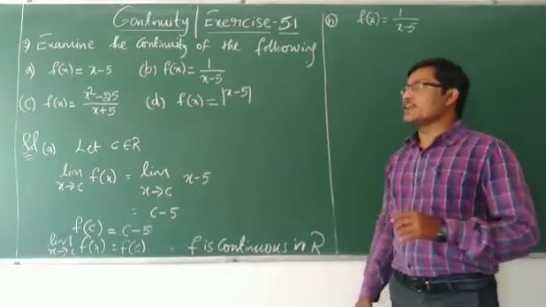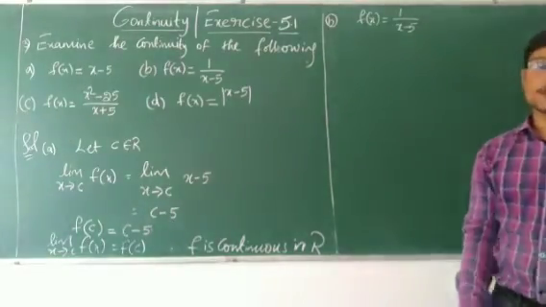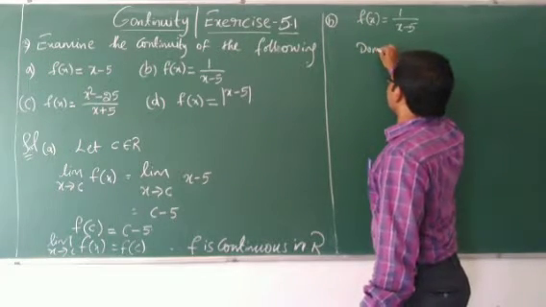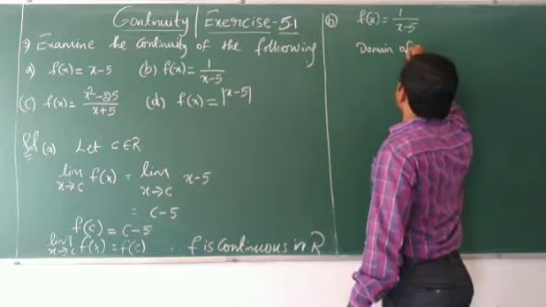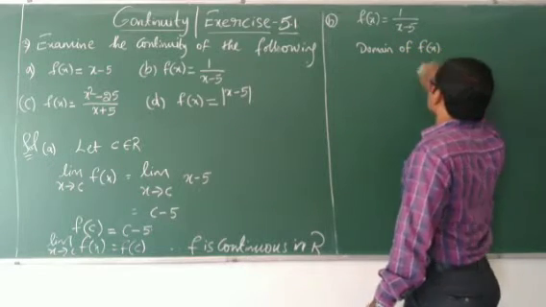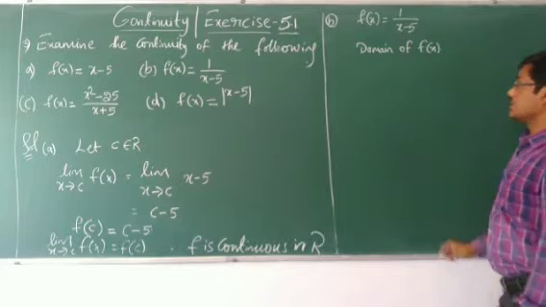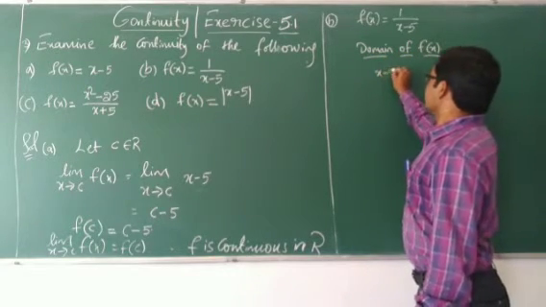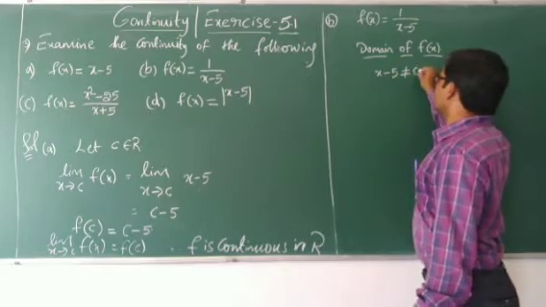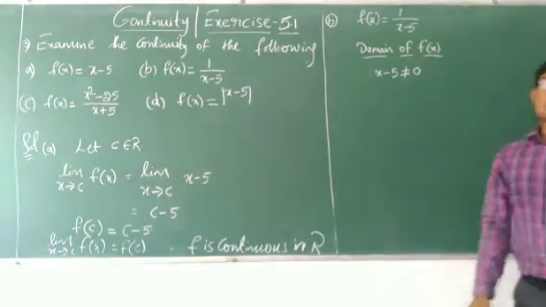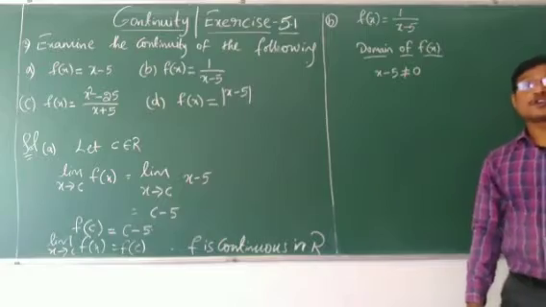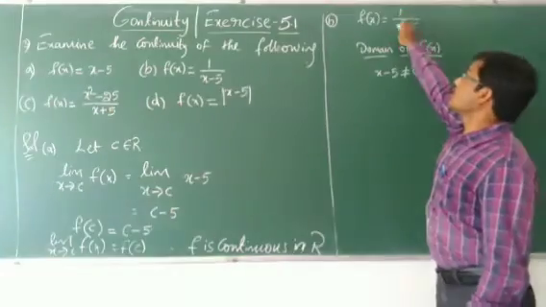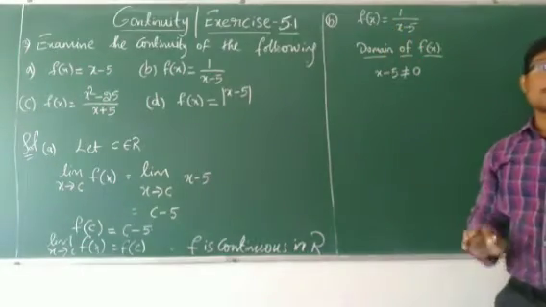So first we need to find what is the domain of this function, the domain of f of x. x minus 5 should not be equal to 0. When you are finding the domain of a rational function, one condition is the denominator should not be equal to 0.